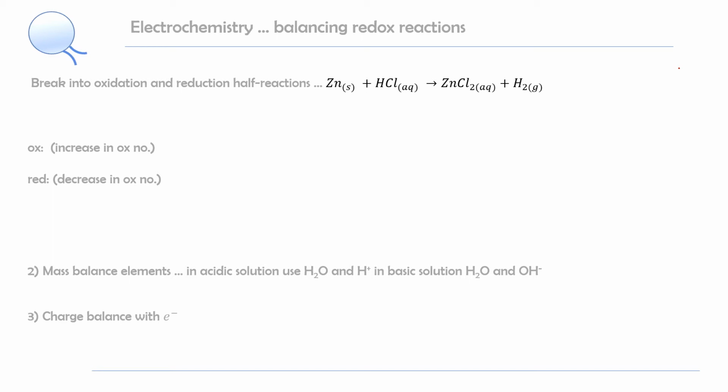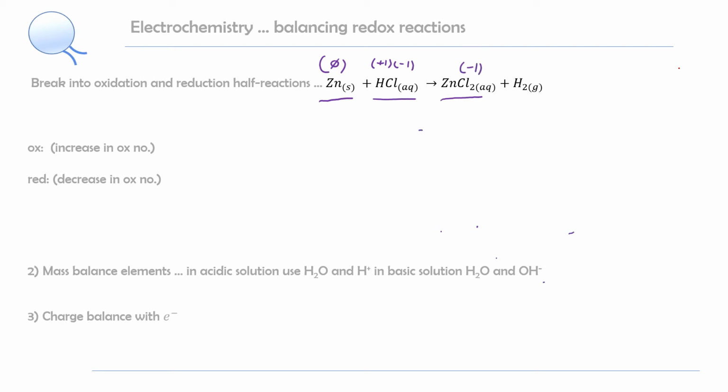Okay, zinc over here. That's a pure element. The oxidation number of zinc is 0. Next substance, HCl, hydrochloric acid. It's a neutral substance, so the oxidation numbers have to add to 0. Hydrogen is usually +1. Chlorine is usually -1. There's one of each in the molecule. They add to 0. Next substance, zinc chloride. That is a neutral substance. Chlorine is usually -1.